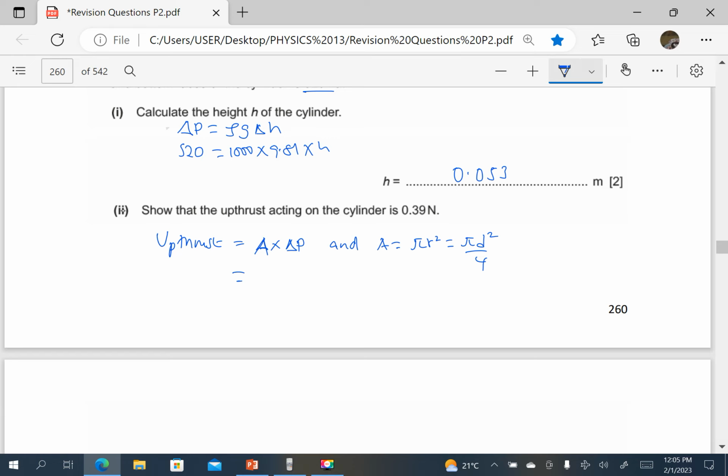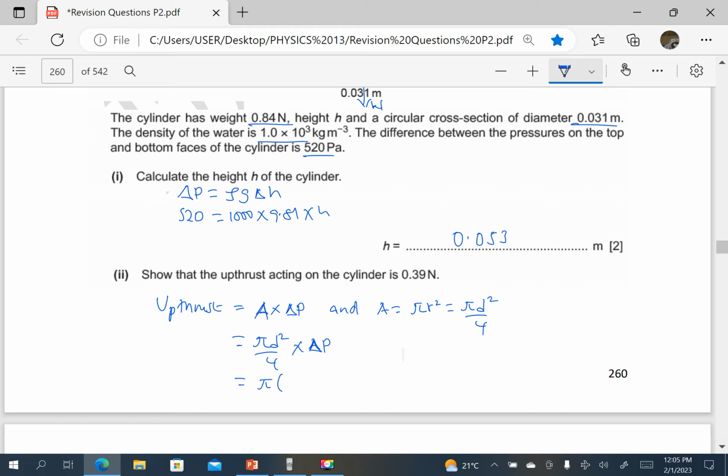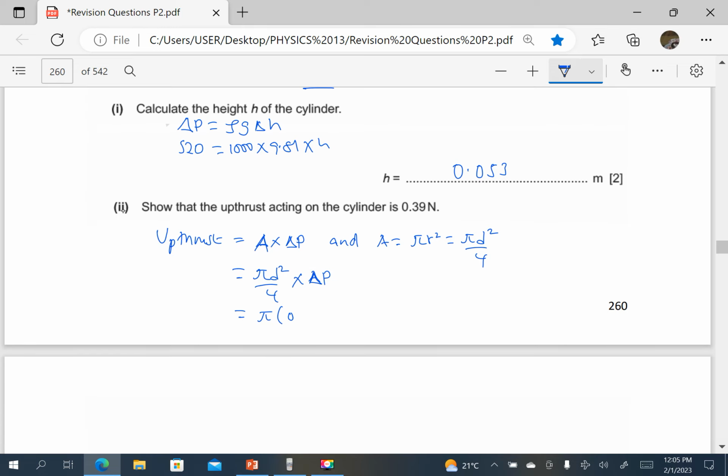So it means the upthrust is going to be the area, which is pi d squared over 4 times the difference in pressure, which is going to be equal to pi, the diameter was 0.031, so that is 0.031 squared divided by 4 times the difference in pressure, which is 520.